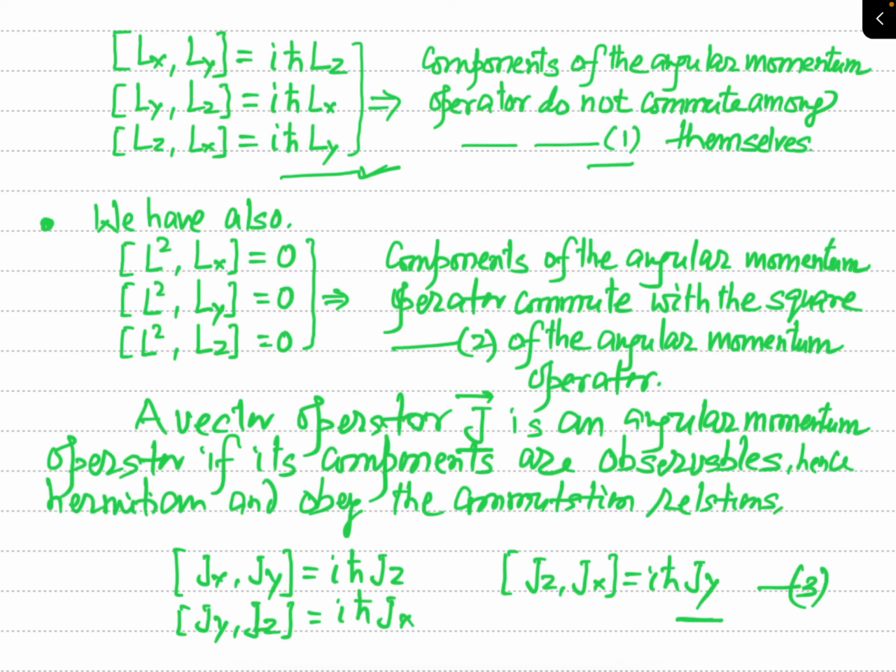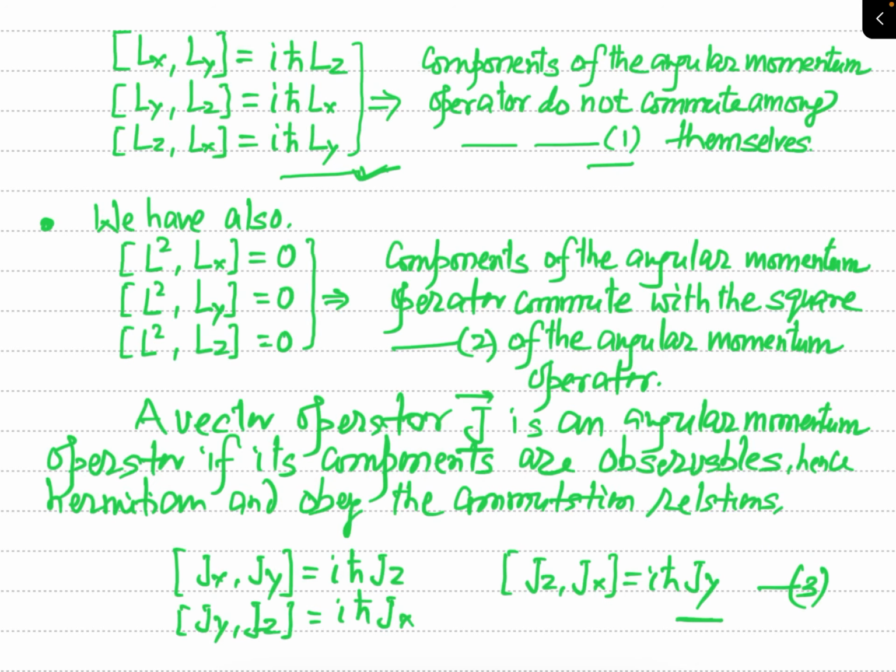So the concept of angular momentum in quantum mechanics is more vivid than in classical mechanics. So on the basis of this definition, when you say that Lx, Ly and Lz are angular momentum operators, you can now say that since these operators obey the commutation relations defined in equation 1, they are called angular momentum operators.